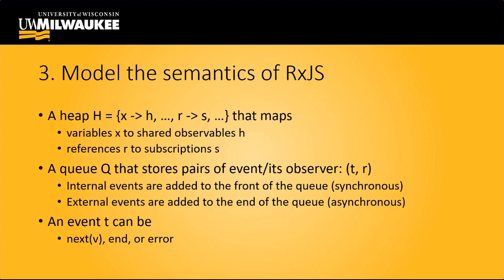This is consistent with the default scheduler of RxJS, which relies on JavaScript's event loop for handling external events. An event may be a next event with a value, an end event that signals the completion of the observable, and an error.